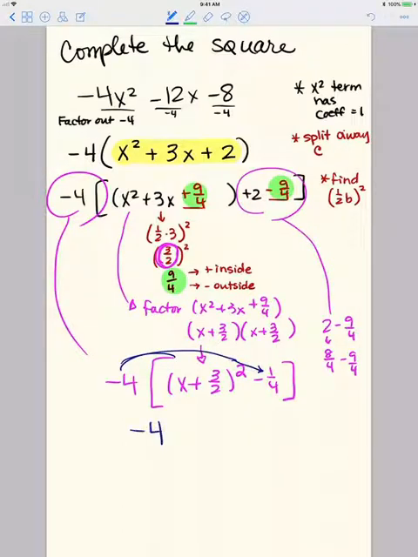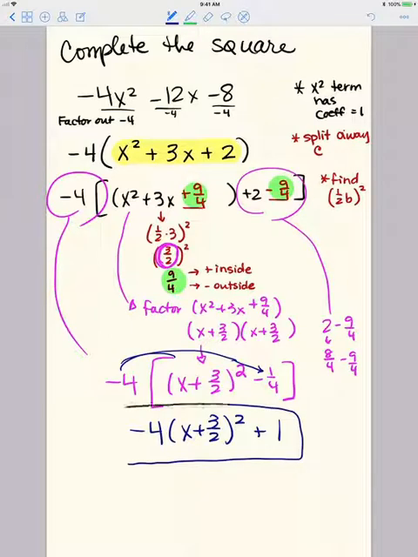So it just sits in front of the x plus 3/2 quantity squared, but you'll do -4 times -1/4 and get +1. So -4 times the quantity x plus 3/2 squared plus 1 is the vertex form for the equation. It is the final answer for completing the square for this problem.